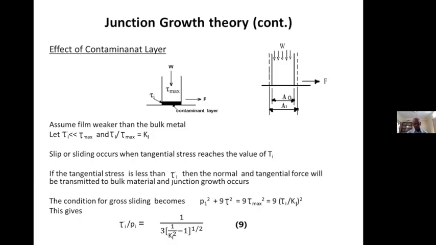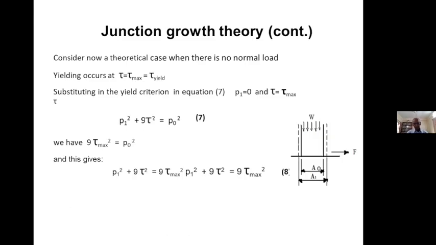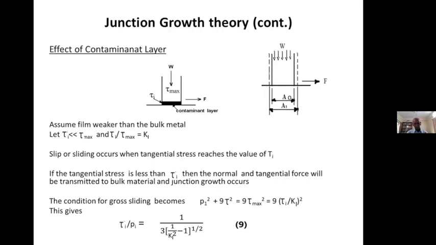This is the equation that we have been discussing in the last slide. From 7, we have got this equation. So we write this equation, and instead of tau max, we write tau I by K1.